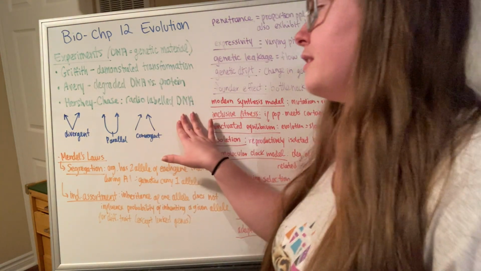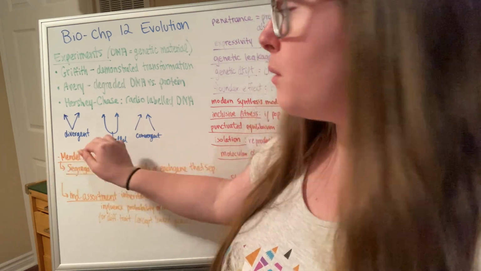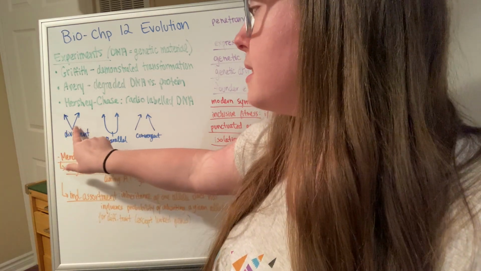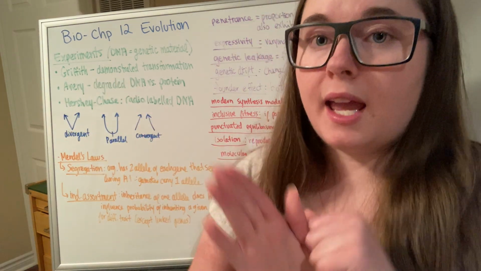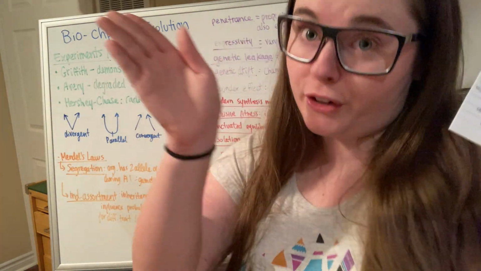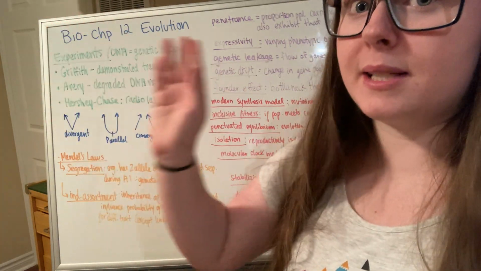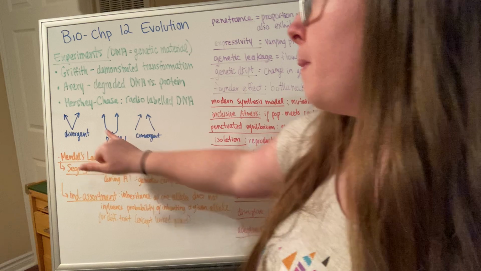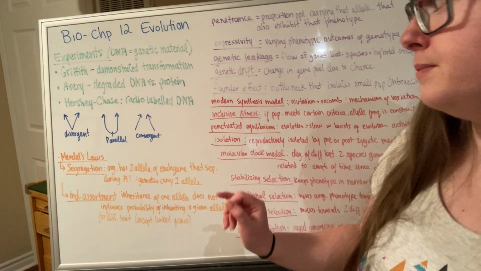So we have different types of evolution. We have divergent evolution, which is when the species start in the same place, but then they diverge and start evolving into separate organisms based on the different environments that they are in.